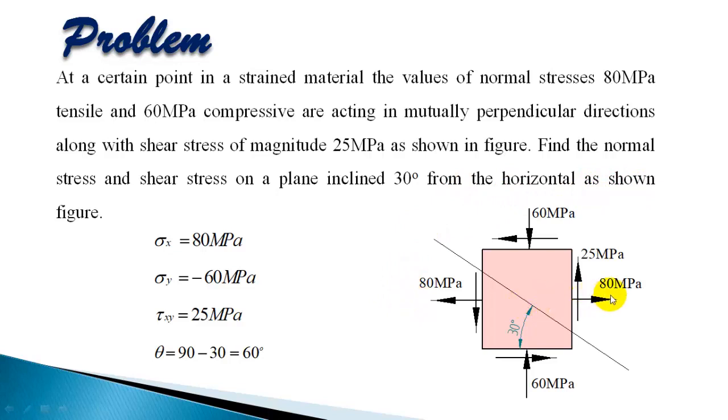So the normal stress acting on this element is 80 megapascal tensile, and in the y direction you have 60 megapascal compressive, and shear stress is shown like this. On the right face it's shown upward, so it is positive. Shear stress is positive.